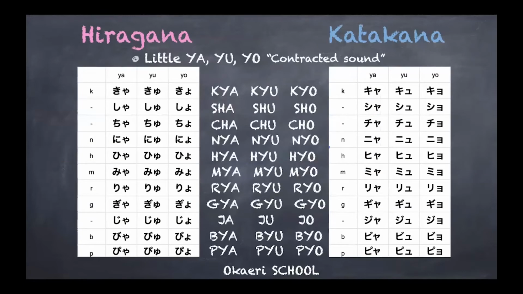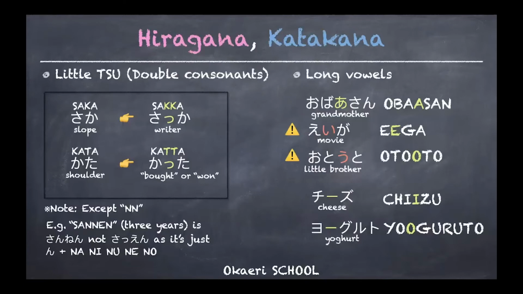And then little ya, yu, yo, contracted sounds, kyakyukyo, shashusho, chachucho, and so on. And then little tsu, which is called double consonant. So when we say saka instead of saka, you should have little tsu in between. Kata instead of kata.